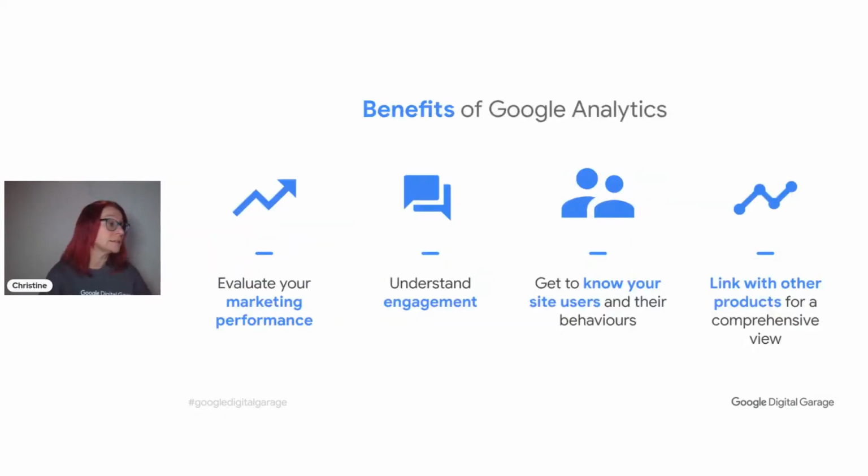All right. So with Google Analytics, it's all about evaluating marketing performance. A lot of marketers spend a lot of time trying to get people to come to their website. So we can see when people were coming, what prompted them to come along to the website. I was saying about measuring offline campaigns.